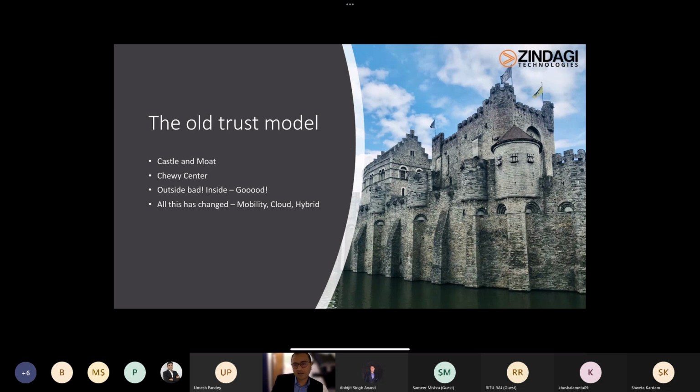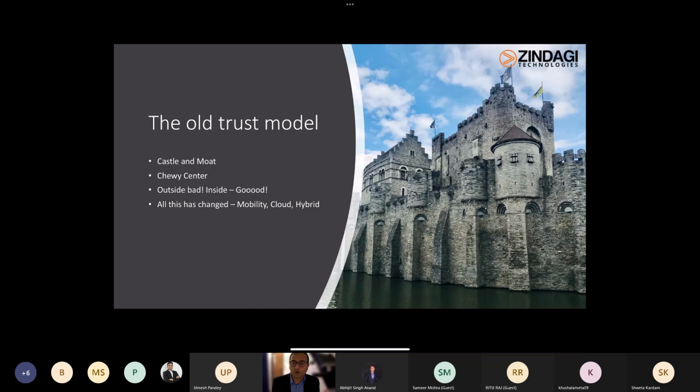And the reason it's not going to work now is because of the rise of mobile devices, the rise of BYOD, bring your own device, because of cloud applications, SaaS applications, because of this concept of hybrid cloud, or multi-cloud, or the very fact that every organization is moving towards a remote workforce, right? You can be at home, you can be in office, and you should have access to all the data that you require so that your productivity does not get impacted, right?